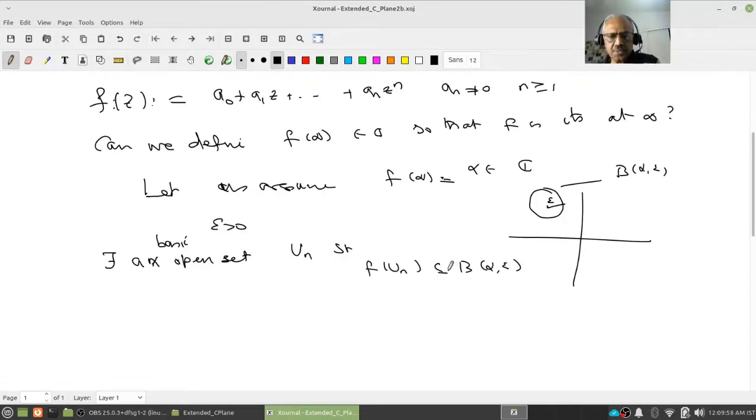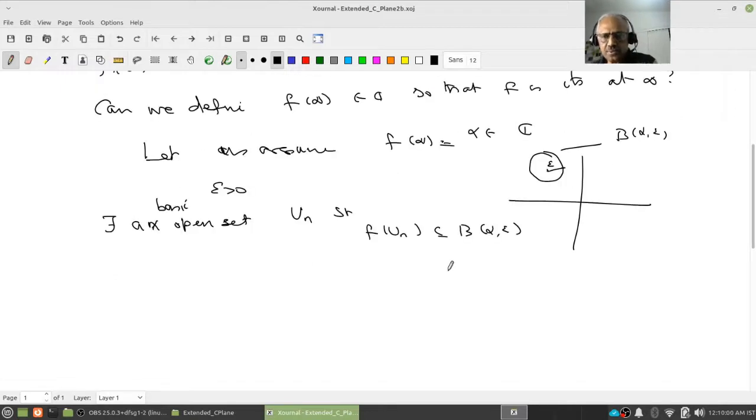There should exist a neighborhood of infinity that gets mapped into this open set. Okay, now let us recall, f is a polynomial, therefore we know the following result.